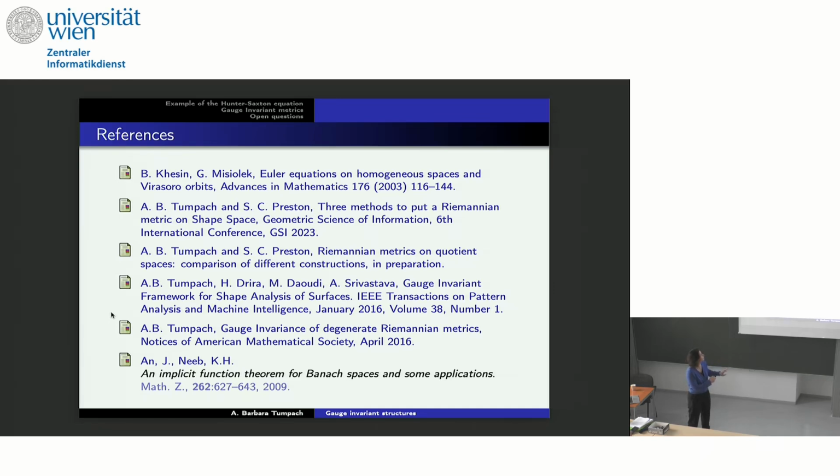The thing that I'm talking about actually is a long-time project with Steve Preston about different ways to endow a quotient with a Riemannian metric.